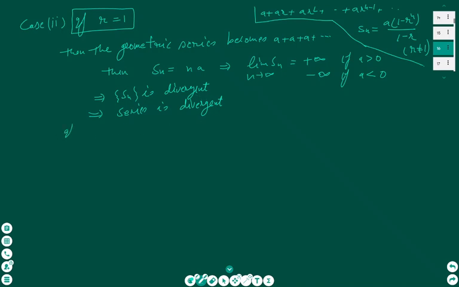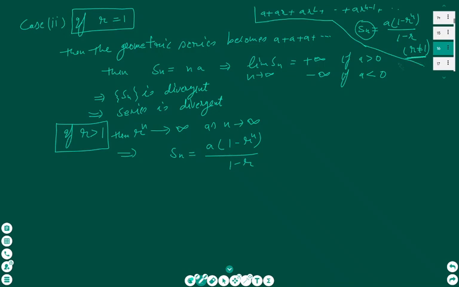And if r is greater than 1, in that case r raised to power n converges to infinity as n tends to infinity, and that implies the limit of the sequence of partial sums, the sum of first n terms when r is not equal to 1, and here r greater than 1 is the case r not equal to 1.